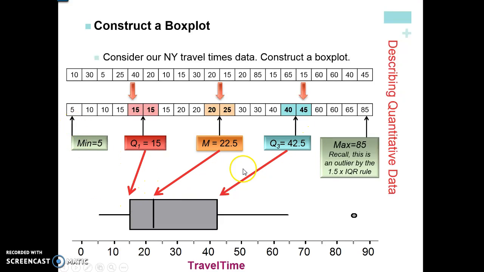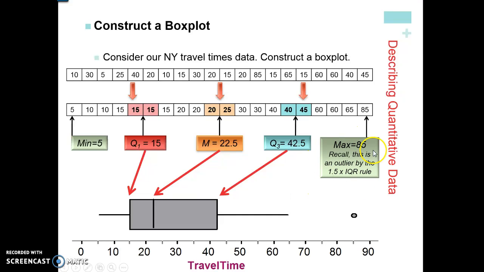Here's the median, quartile 3, and then notice this doesn't extend all the way out to my maximum. The maximum was 85, but this was an outlier that we discovered on an earlier slide, so we only extend it to the maximum value till we hit the outlier, so that was 65. 65 is the largest value that we have before everything after that would be an outlier.